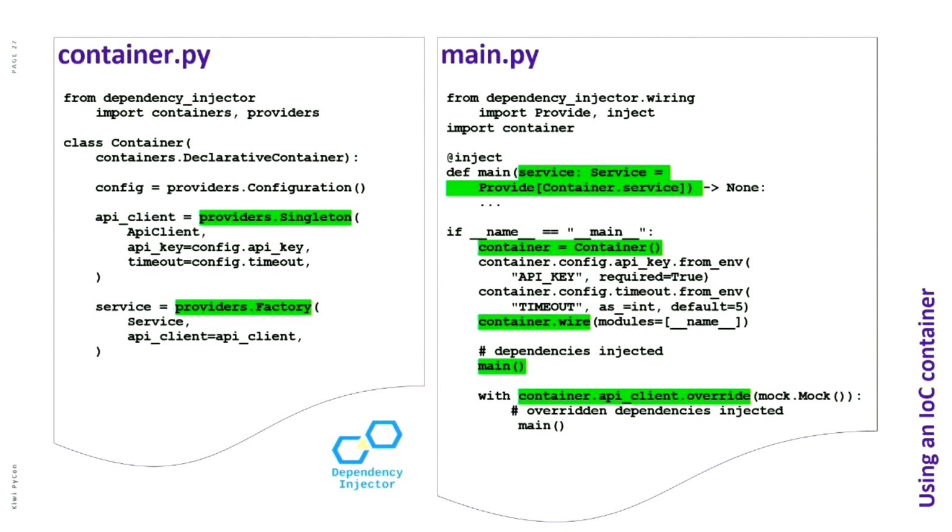The inversion of control container automatically injects that dependency. You can see that down the bottom there. When you call main, you don't need to specify any parameters. The inversion of control container manages that. That's handled by decorating the main method with the inject decorator, by the way, up the top there.